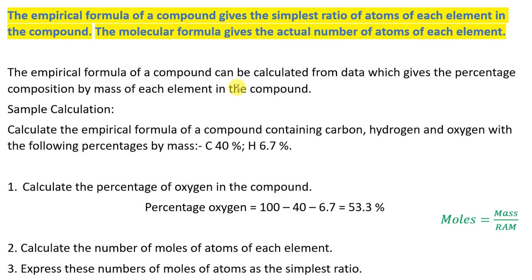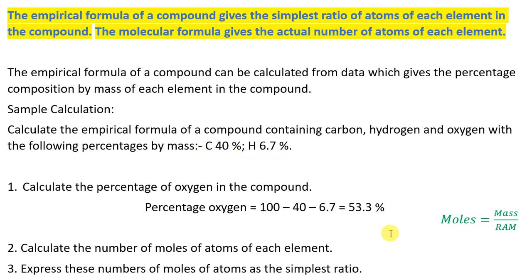The empirical formula of a compound can be calculated from data which gives the percentage composition by mass of each element in the compound. Sample calculation. Calculate the empirical formula of a compound containing carbon, hydrogen, oxygen with the following percentages by mass.